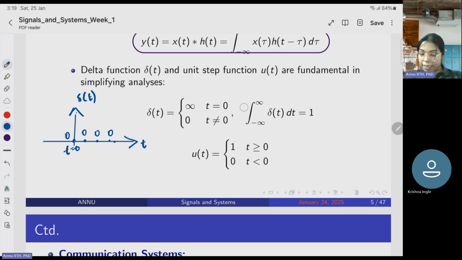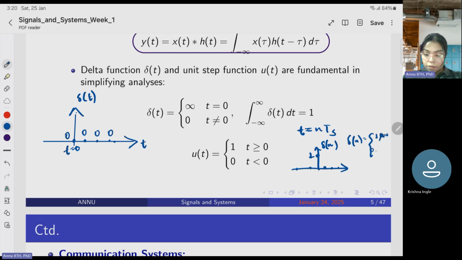And if you talk about discrete time, t equals n Ts. When we sample a continuous time signal, it becomes discrete time. In discrete time we can define it at every time interval; it is not continuous. Then delta n is equal to 1 at n equals 0, otherwise 0.